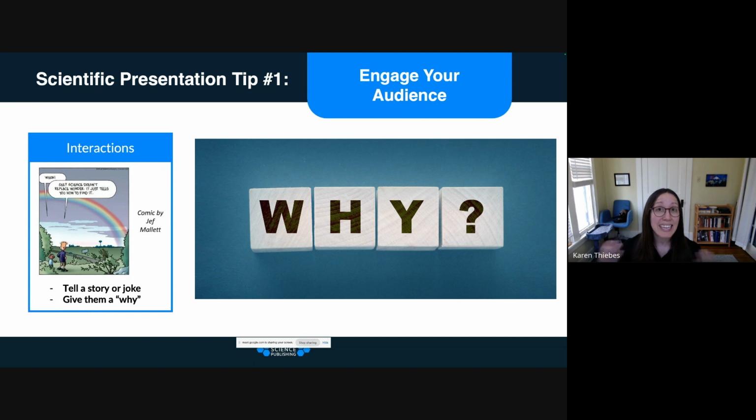You can say that at the very start of your talk. The goal of this talk is to help me make this research project better. It's for me to help find out X, Y, Z, or it's for me to help improve this certain treatment method. And so the why is another really effective way, especially in the scientific world, to connect with your audience, to get them thinking and reminding them that they came here for a reason, right?